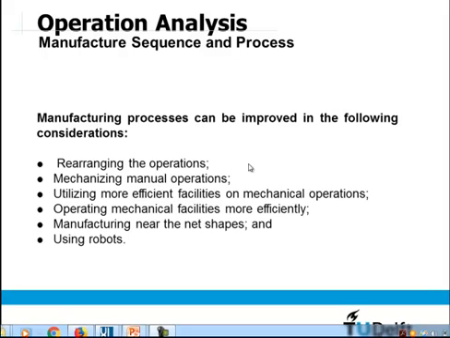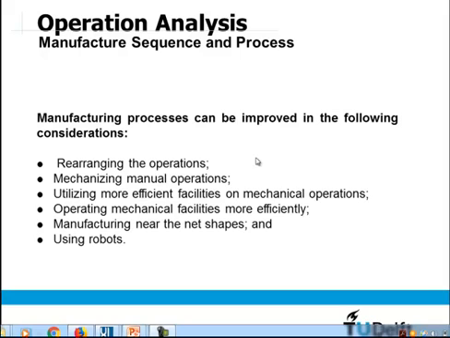Okay, we are going to continue for the operation analysis, manufacturing sequences and process. Manufacturing process can be improved in the following considerations.